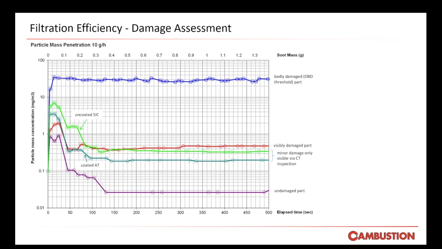The ones in the middle, the red line is a part where you can see the cracks. They're just small cracks, but they're visible by eye. The green and the bluey green parts are ones where the cracks are so small and internal that you can only see them via an X-ray CT, computerized tomography. So that's really minor damage that you can't detect by visual inspection. You can see it by looking at the loaded filtration efficiency, but you could never see that by looking at the unloaded filtration efficiency. So you need something like the DPG for those.